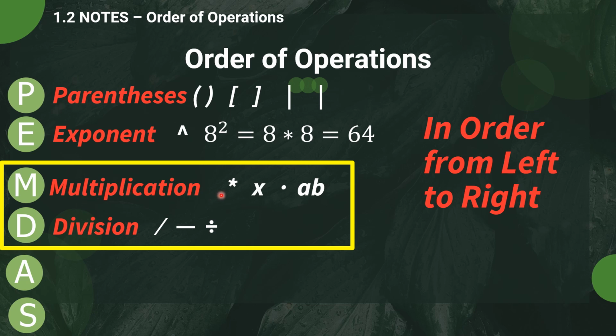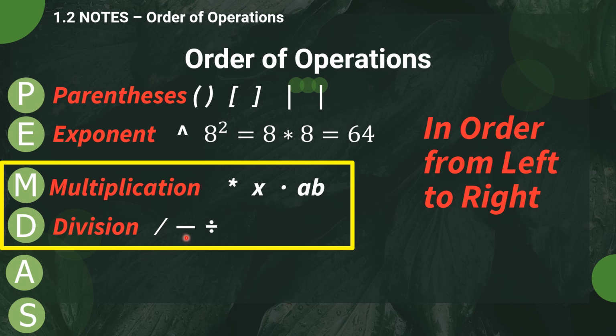So multiplication, you'll see these different characters. You'll see a little star, an asterisk like this, an asterisk like this. You'll have an X, you'll have just a little dot. You'll have two numbers or letters written next to each other. That also indicates multiplication. And then division can be written as a slash.